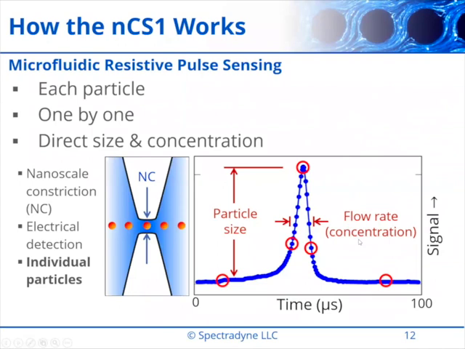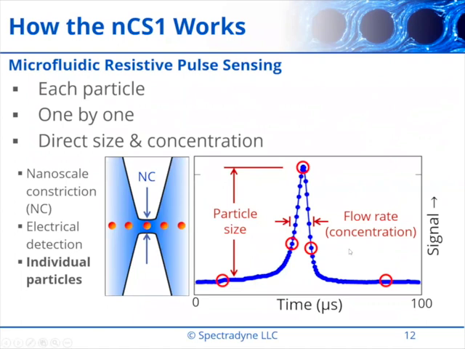So each transit is giving us size and concentration information. When we start producing a family of cartridges, we call that a lot. Those cartridges are pre-calibrated at Spectradyne's facilities with 2 parameters that convert its measurements to size and concentration.